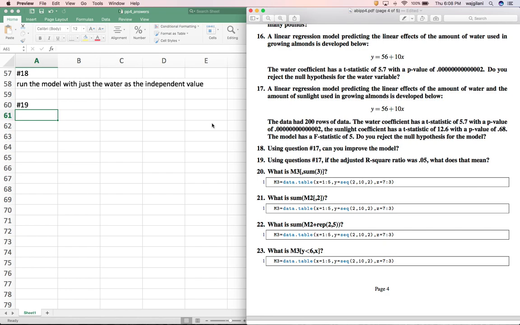Which means, and that's a hint for us as statisticians, I've got to be looking for other coefficients.